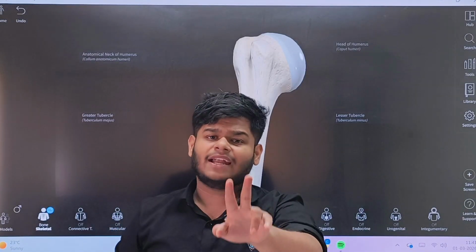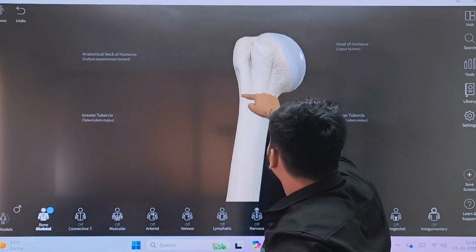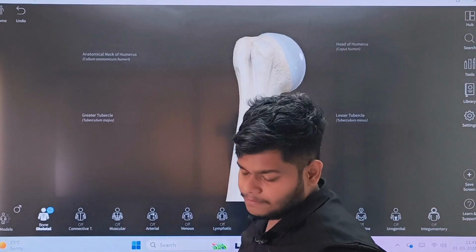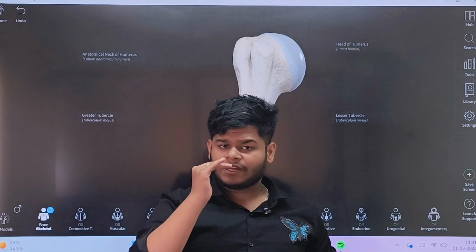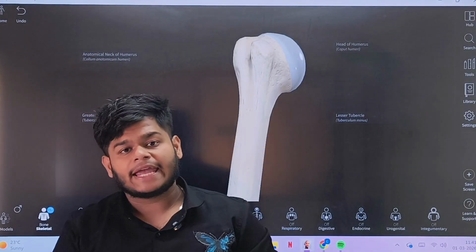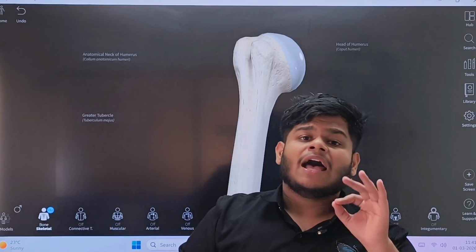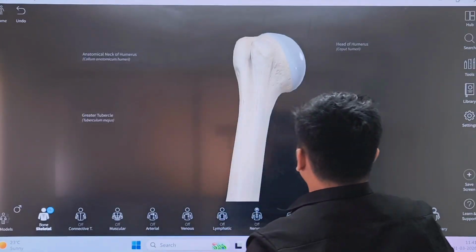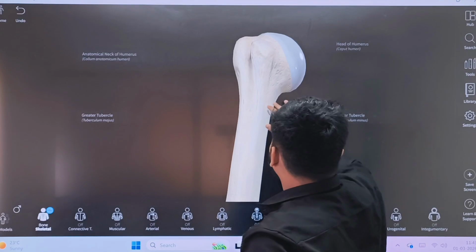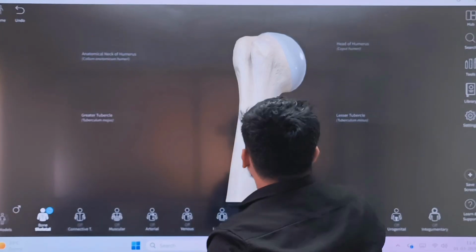So there is a second neck present, which is called the morphological neck. Now, 0.5 centimeter below the morphological neck, there is the surgical neck.